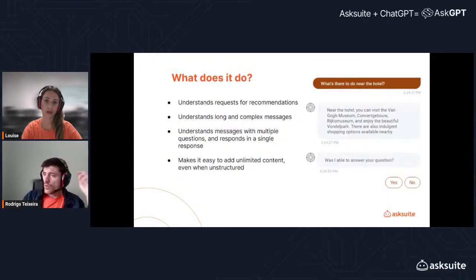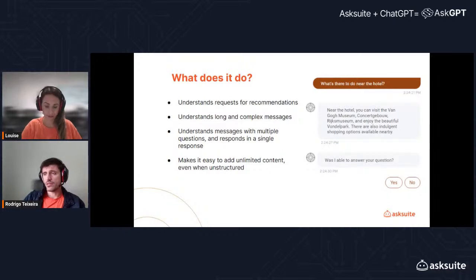Also, we are now able to understand long and complex messages. Usually, travelers send a long introduction talking about why they're traveling, with a question at the end. And now we are able to respond to it appropriately.